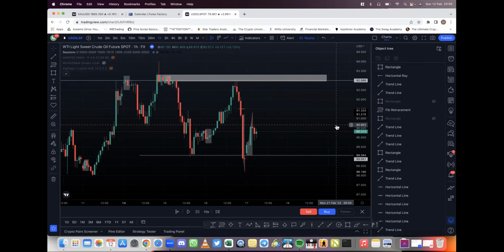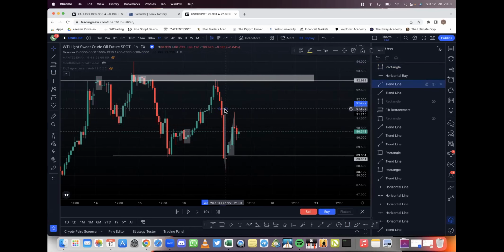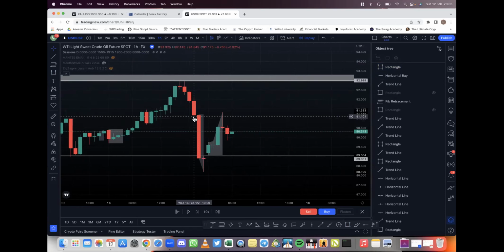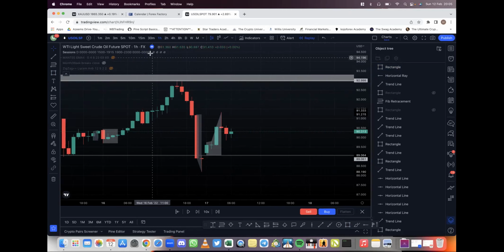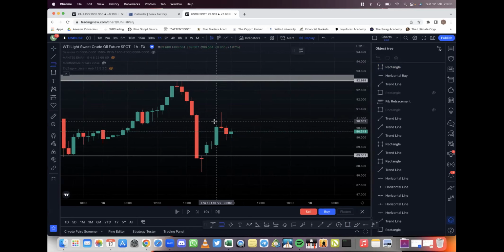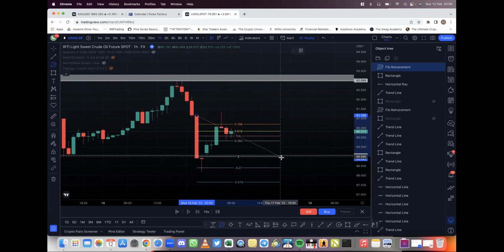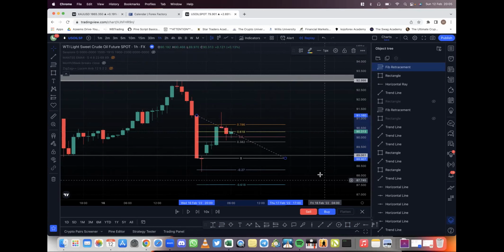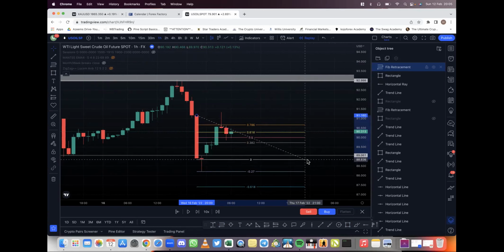Top, boom. And then here, do you guys see the imbalance candle? This huge candle. Let's say we pull a fib on it. We are using this as some type of confluence.